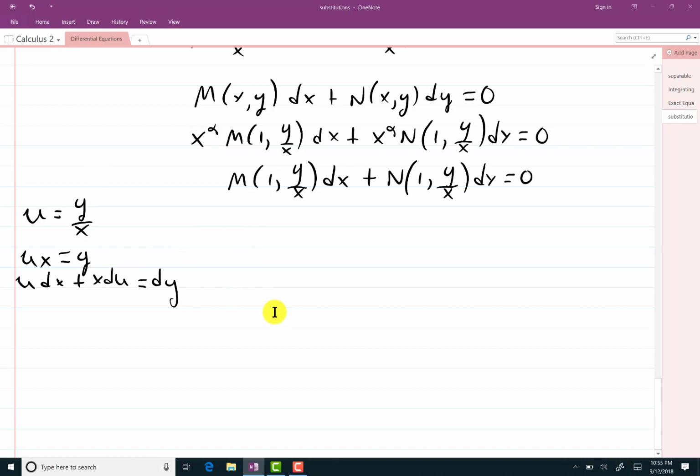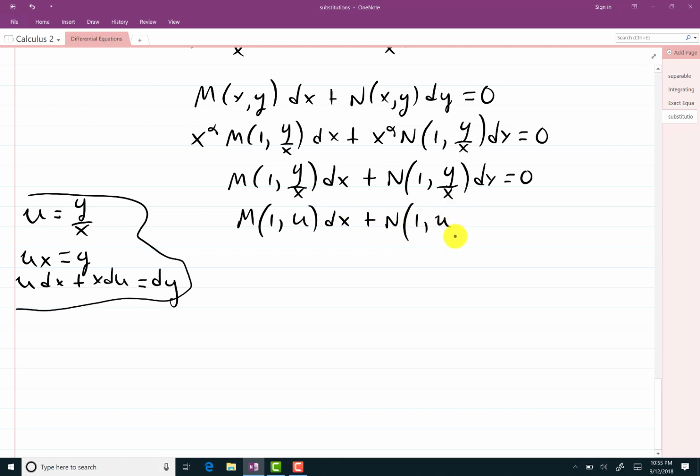Then, if I make these replacements into my equation, I'm going to get m. I don't want to replace the dx. It's the dy I want to get rid of. I'm actually going to end up getting rid of y. So I have m of 1 comma u dx, and then plus n of 1 comma u dy, and that's all this stuff.